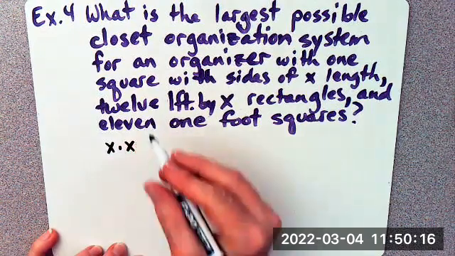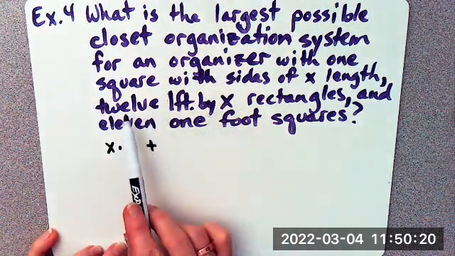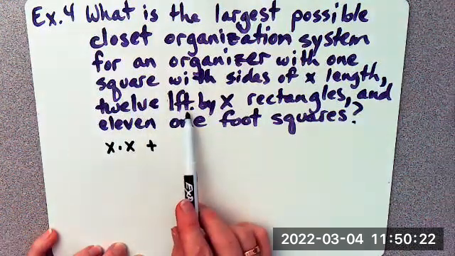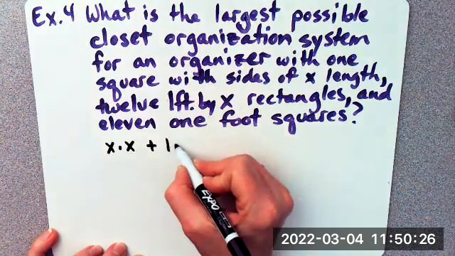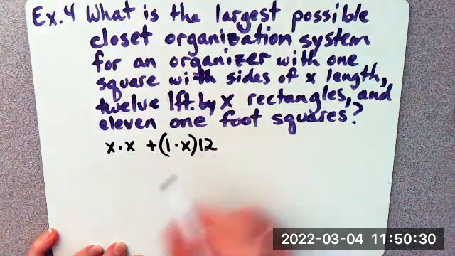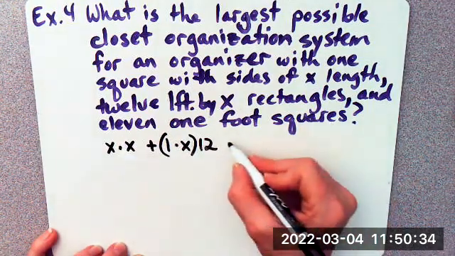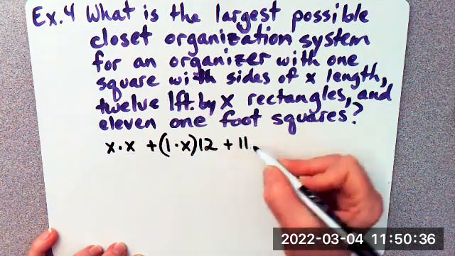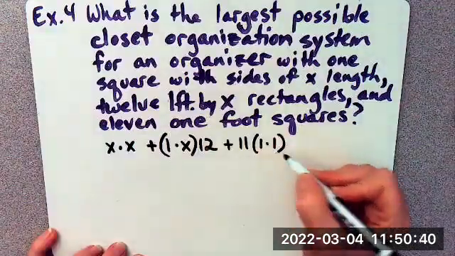And then we're going to put together with that 12 organizers with a 1 foot side by x side. So 1 times x, and there's going to be 12 of those. And then we have 11 1 foot squares, so we have 11 times the 1 times 1 squares.